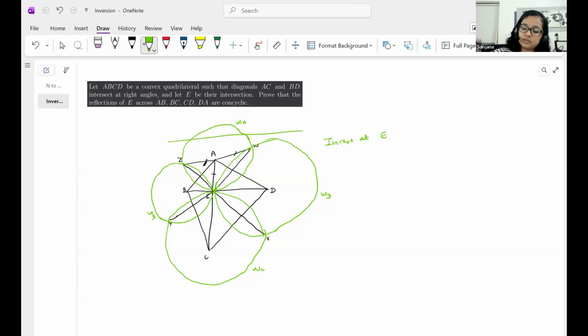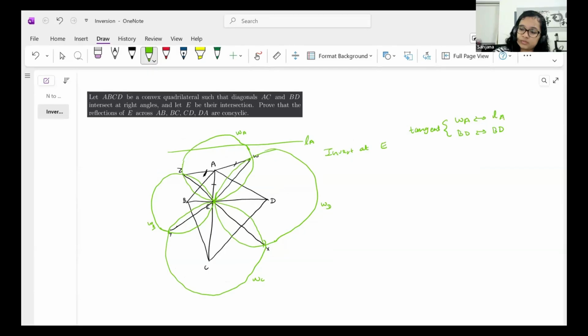So let's say this is LA. We know omega A goes to LA. We know that BD goes to BD itself. And these two are tangent. So what do we know about these two lines then?